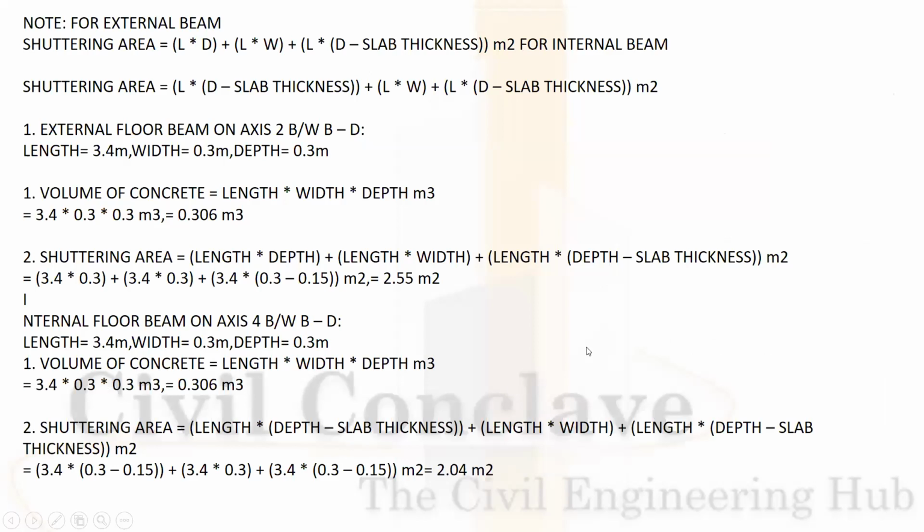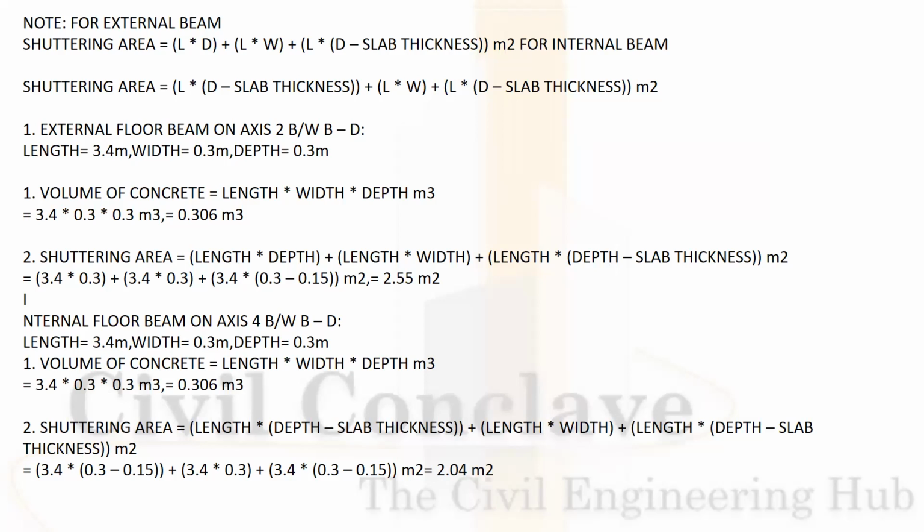External beam, shuttering area is equal to length multiplied by depth plus length into width plus whole divided by length into whole multiplied by d minus slab thickness, that is for the internal beam. Shuttering area, okay, external beam and axis 2, B versus WB minus D.